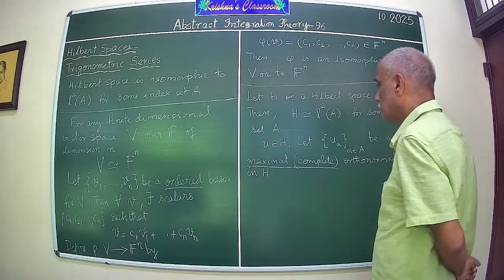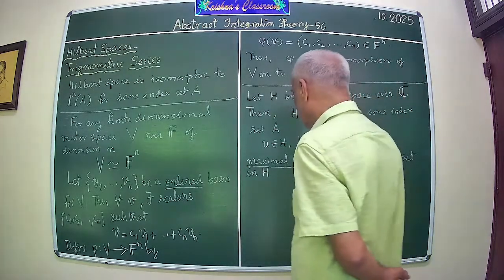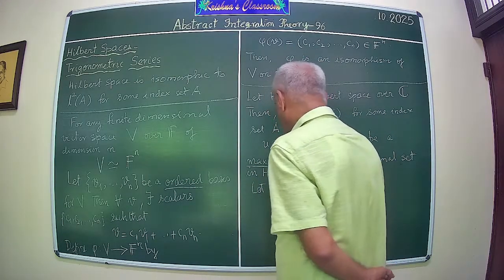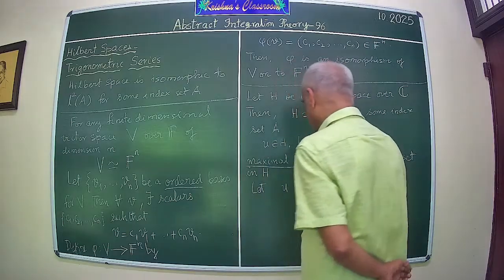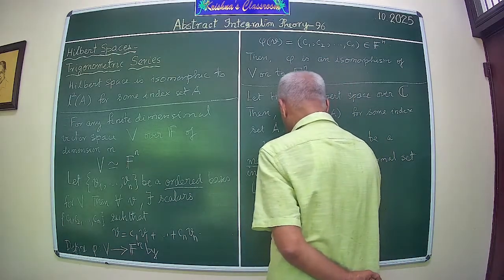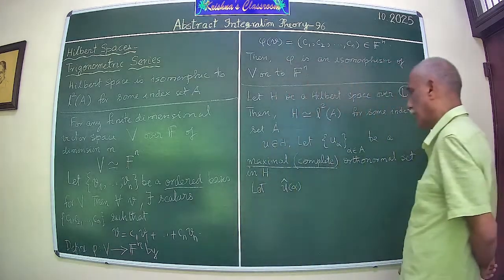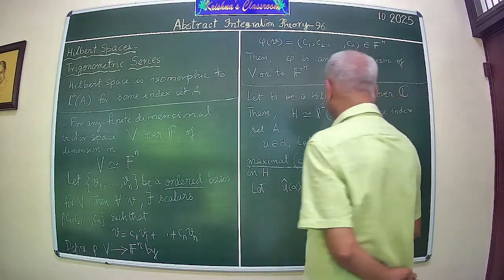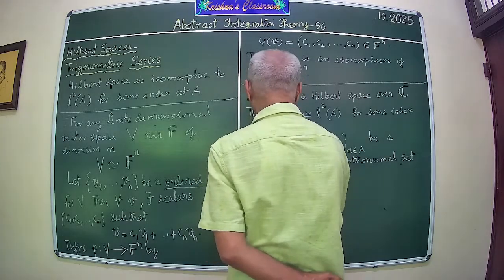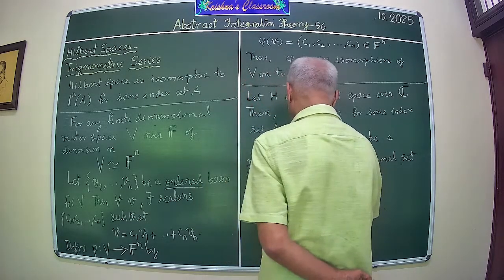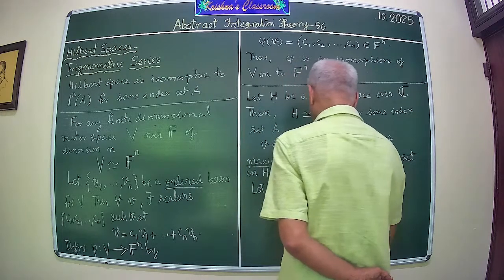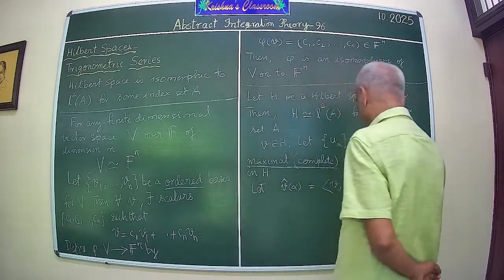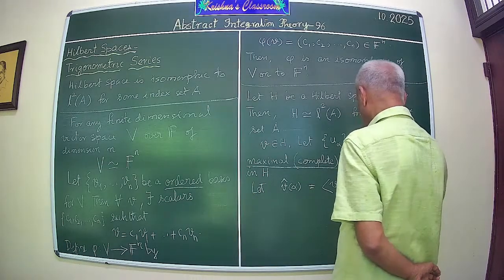Now let v hat of alpha, I'll use a slightly different notation, be equal to the inner product of v with u_alpha.